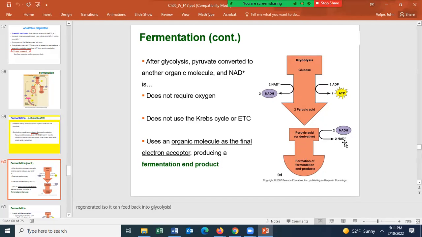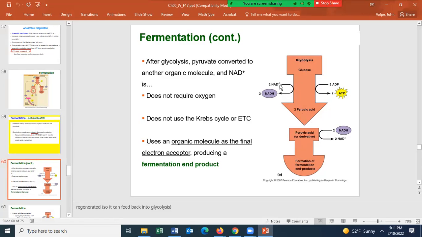And that is you have to regenerate NAD plus from NADH so that glycolysis can occur. If you have no NAD plus, glycolysis cannot occur. So NAD plus is required for glycolysis to run. And so the cell in fermentation regenerates the NAD plus for fermentation and glycolysis to occur.